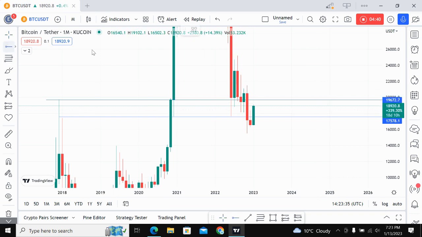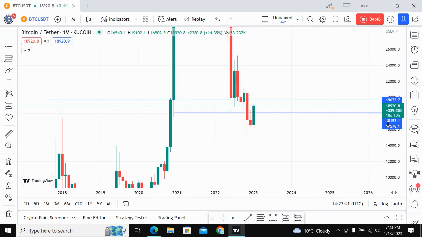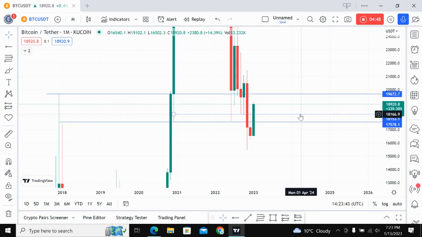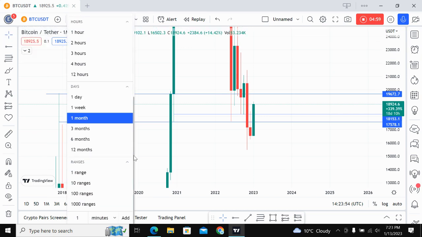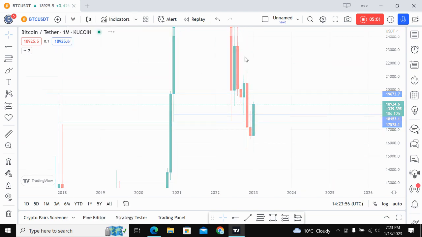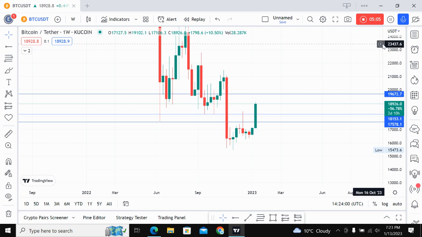Another point which could act as strong support is these wicks, which are approximately 18,100 to 200. Okay, so I'm going to move into smaller time frames like 1 week. Let's see what things are there for us.